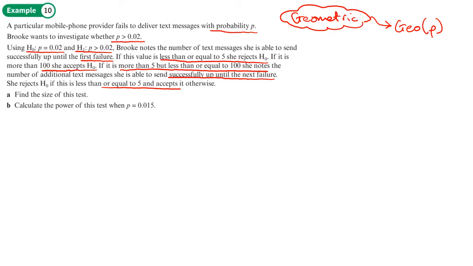Now, probably the best way to tackle this question is to read through it and maybe convert it to some sort of tree diagram so we can visualize what's going on. It's all about H0. So it says that she will accept H0 if the number of messages is more than 100.